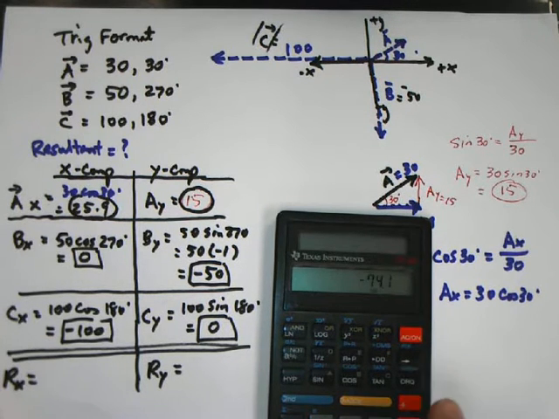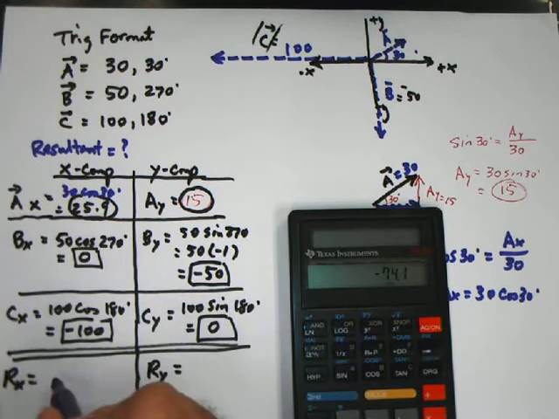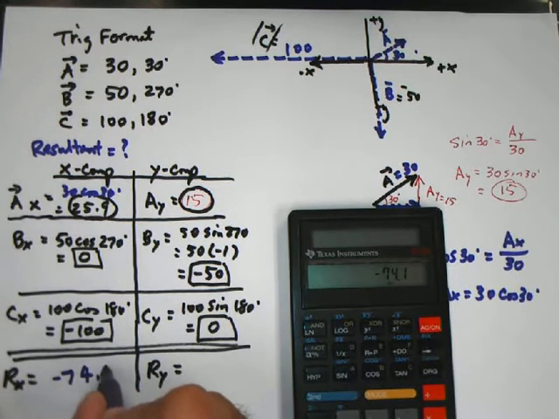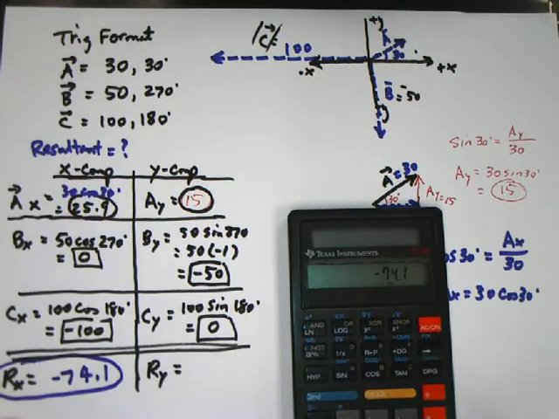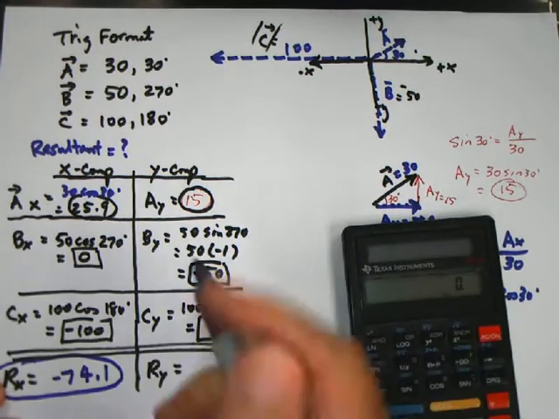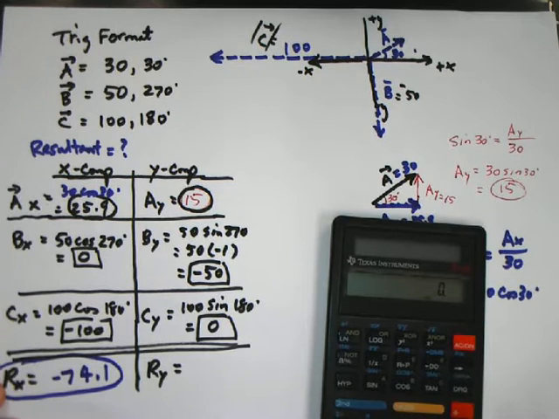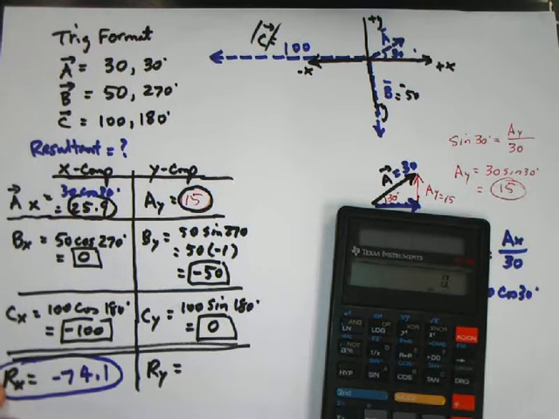Okay, minus 100. Okay, I didn't really need a calculator for that, but anyway, -74.1 is the x component of our resultant.